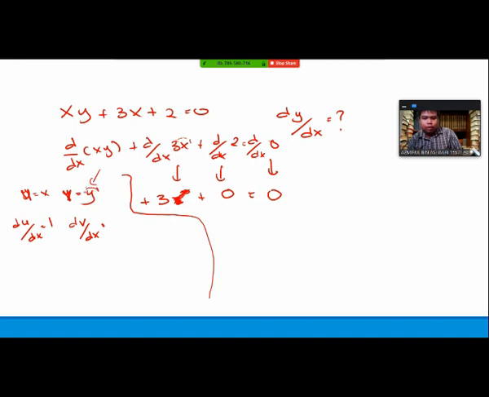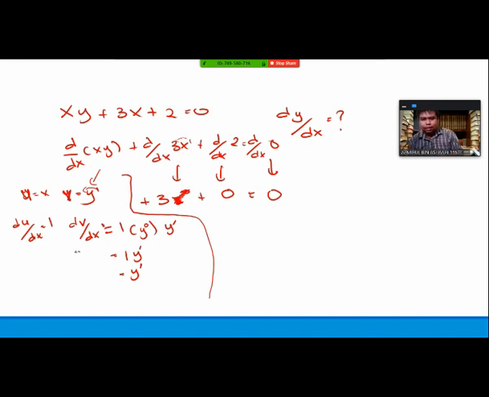I move the power to the front, it will become 1, y to the power of 0, and then I just put that y prime, which is dy per dx. So it becomes y prime. Okay, so differentiating y becomes dy per dx or y prime.